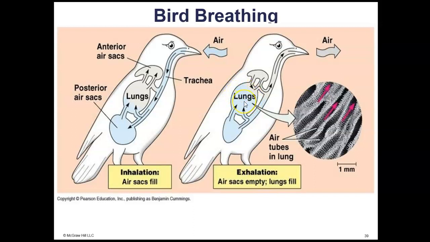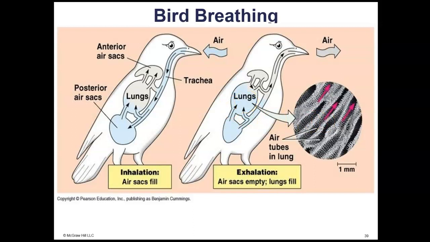Exhaling is that the air goes into the lungs and fills the lungs, and this is where the oxygen is exchanged with the capillaries. There are air tubes in the lungs, and those tubes are lined with capillaries, and oxygen is exchanged with those air tubes. So that happens during exhalation.